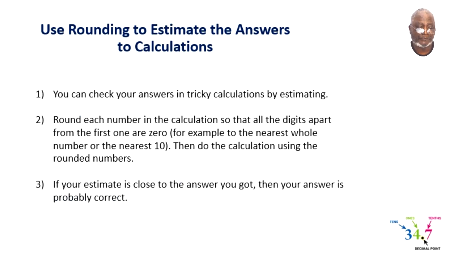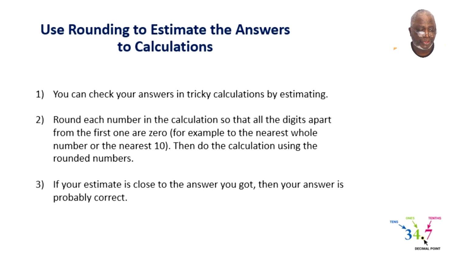And in real life, you have to make certain decisions, and this is where rounding comes into its own: to estimate the answers to calculations. You can check your answer in tricky calculations by estimating.